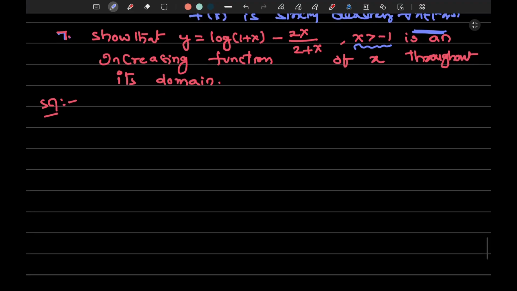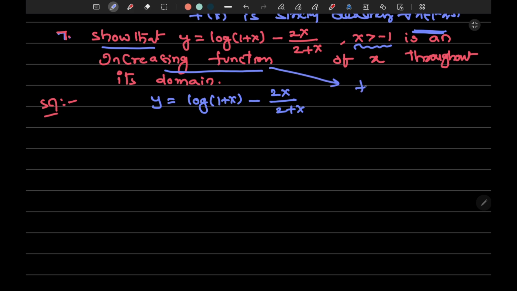Now, let's see this. Y is equal to log of 1 plus x minus 2x by 2 plus x. They are asking, show that it is an increasing function. We know that for an increasing function, f dash of x is greater than 0. So differentiate with respect to x; y dash or f dash of x, both are the same.